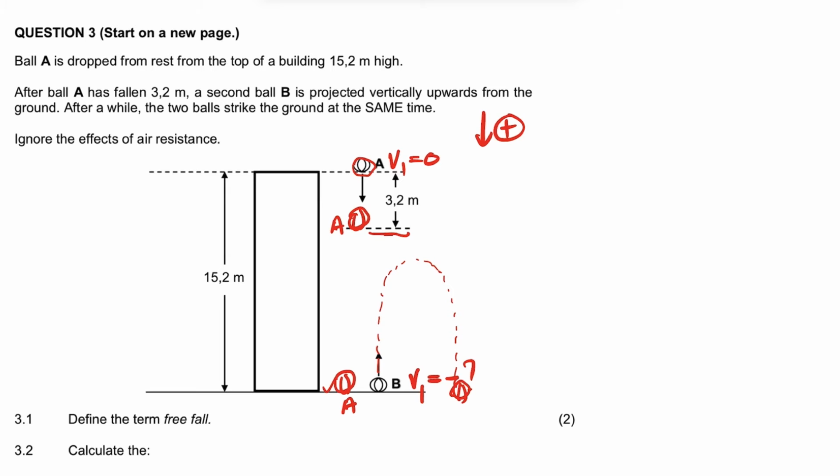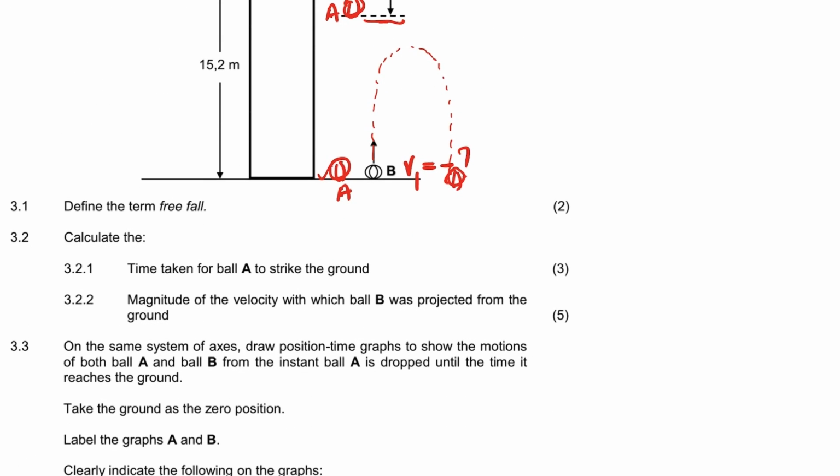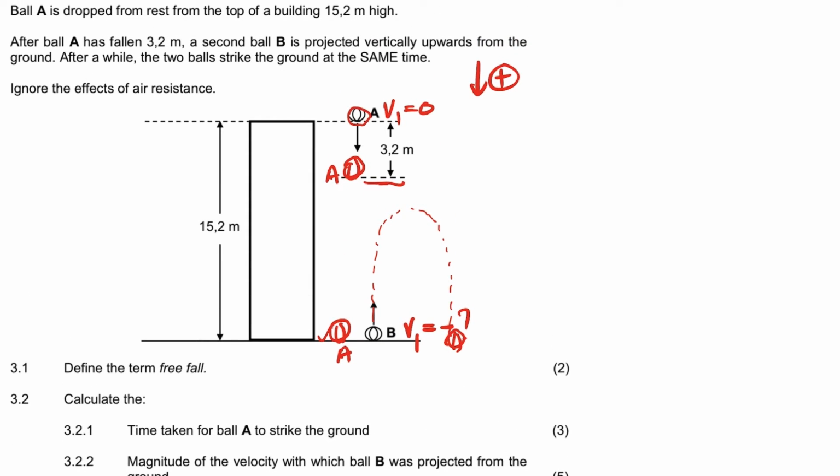I think the trick here is that you should find the commonality between the two. If we can calculate the time that ball A has traveled over this 3.2 meters, say it was 0.5 seconds, that is the time it took here.